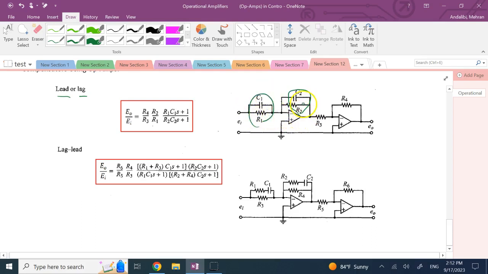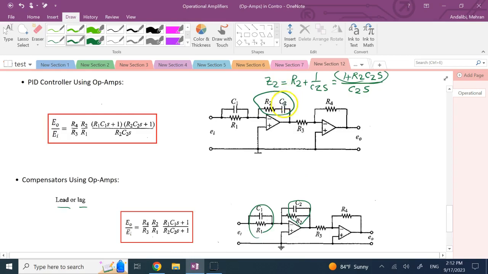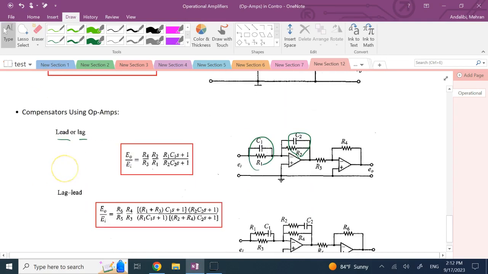So the only difference compared to a PID is that the R and C of the output there were in series, this one was parallel, and now both of them are parallel. And if you do that, you get a lead or lag, and again, you clearly can see this is like a gain, and these are those linear terms in the numerator and denominator. Depending on which one is bigger, you can have lead or lag, right? Whether R1 C1 is bigger or R2 C2.